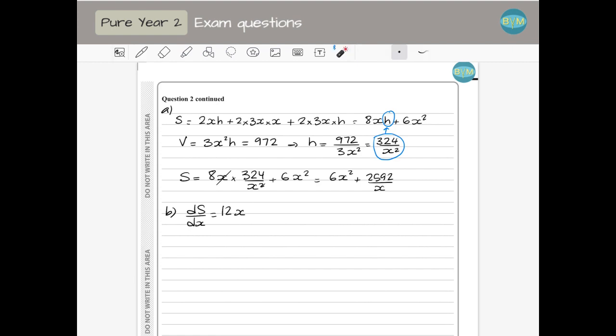And then this bit is 2592 x to the power of minus 1, so I'm going to do minus 1 times the number, and then one degree less, x to the minus 2. We can leave it this way, or we can write the x in the denominator again. It really doesn't matter, any way will do.